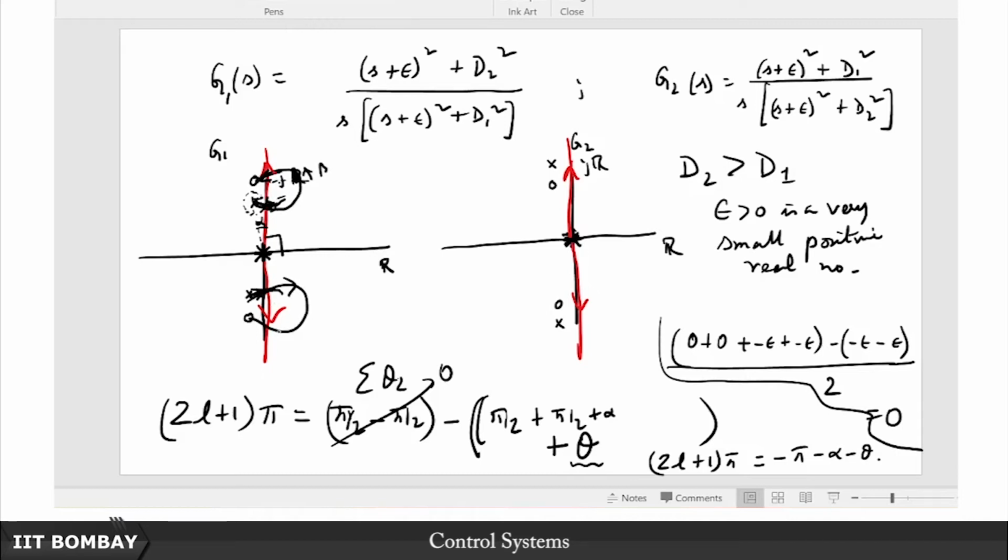Now I leave it to you as an exercise to check. If you apply similar arguments here, you will see that unlike in this case, here just flipping the positions of this alpha and the pole and the 0, you will get a plot that looks like this. In other words, you immediately see the qualitative difference here.